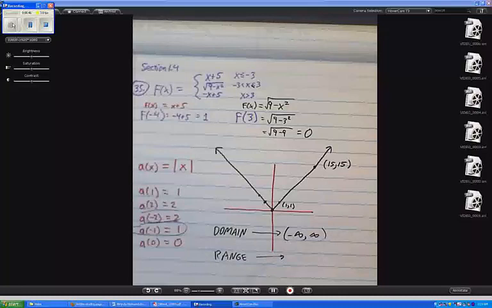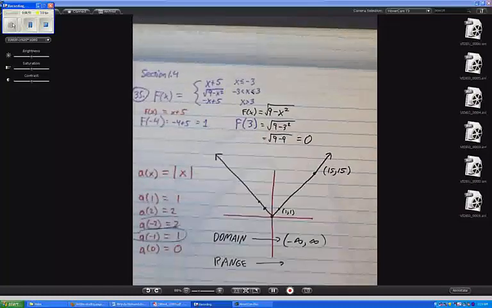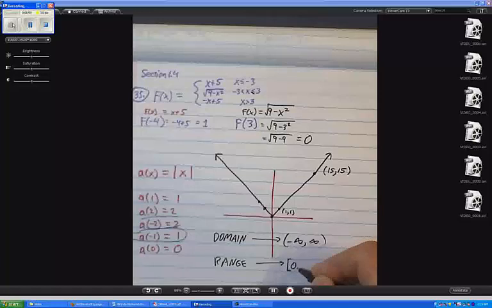What's the set of all possible outputs? Now I want to look on the y-axis, and I want to say, well, what numbers are we going to hit on the y-axis if we project? And you probably know, don't you? Yep. 0 to infinity. Right? Will we ever get an output that's negative? No.